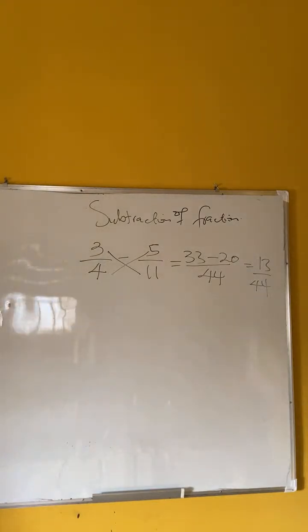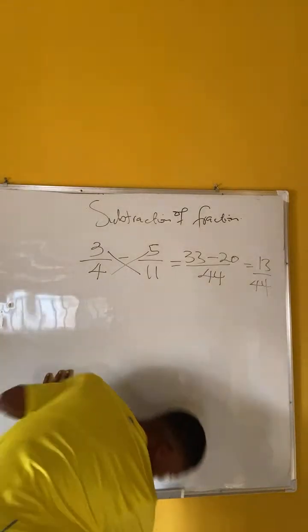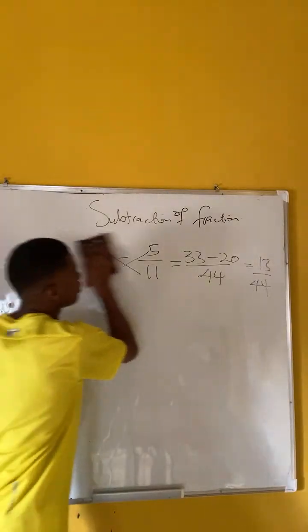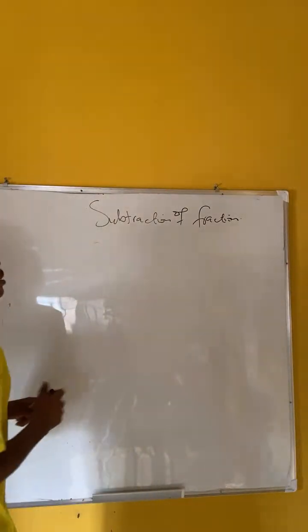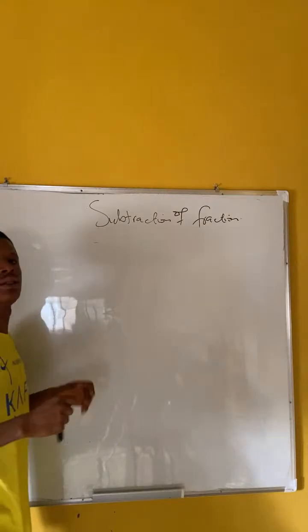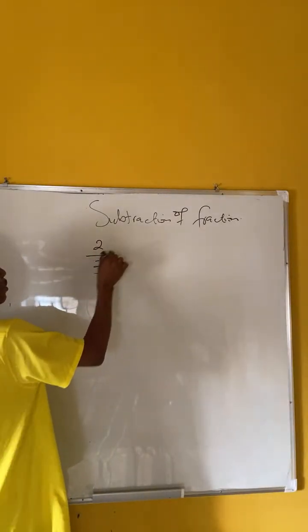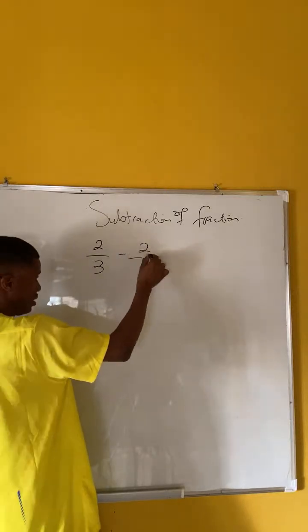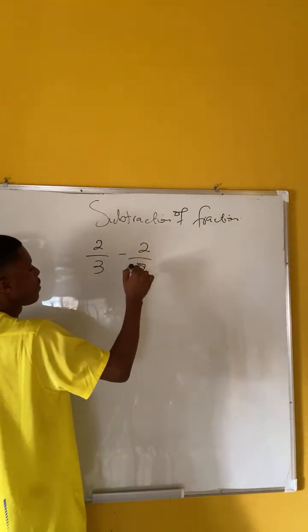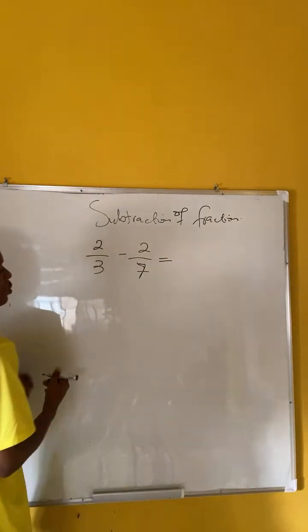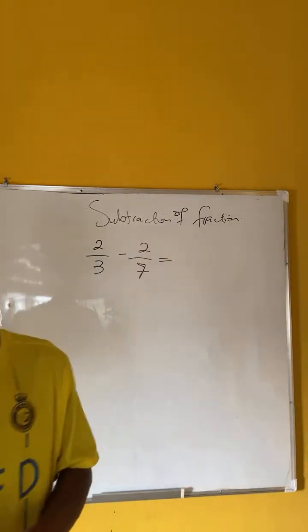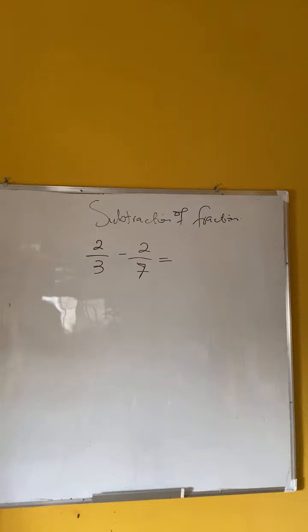So it's very, very easy to do. Just how to subtract fractions. So let's continue. Let's look at the next one. We have 2 over 3 minus 2 over 7, for instance. All you need to do is multiply the two denominators together.